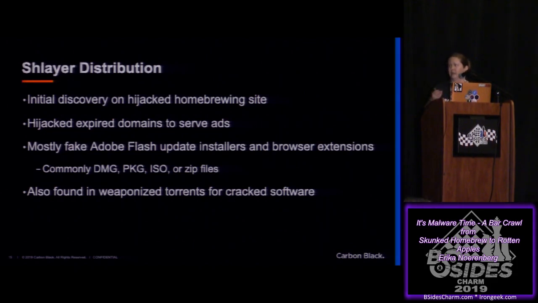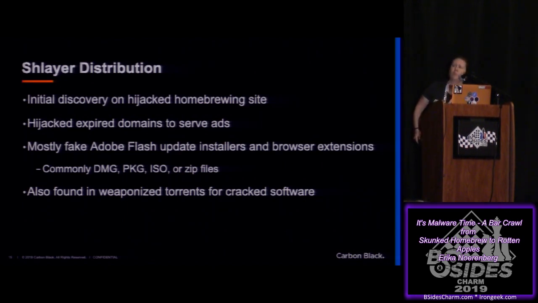What it seemed like at the time was that when a domain would expire, they would squat on it and hijack it to use as a redirect to other ad sites. So some of these would have 5 or 6 redirects until you get to the final payload.